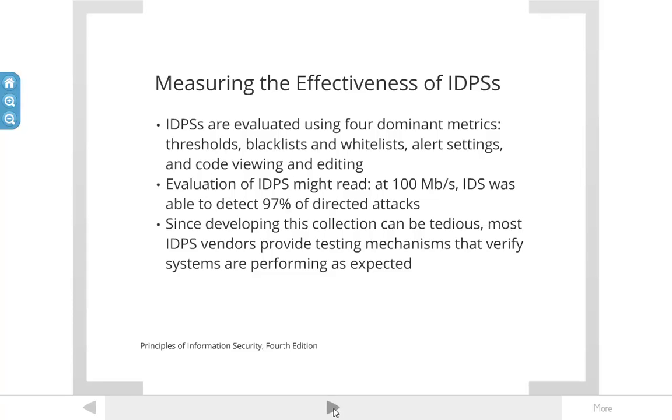So then you can come up with an evaluation that says at 100 megabits per second, the IDS was able to detect 97% of directed attacks. So it means that there's 3% of attacks that it was not able to determine. Now, it doesn't mean that a host got hacked. It just means that this network-based IDPS didn't recognize a pattern on the network as an attack, while in fact it was an attack.